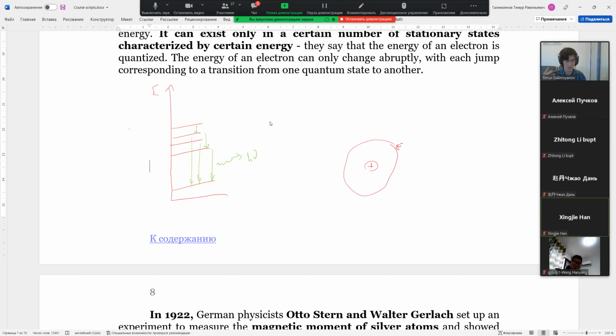It is the so-called dipole radiation. If the particle's velocity changes, if the particle has acceleration, it should emit light.